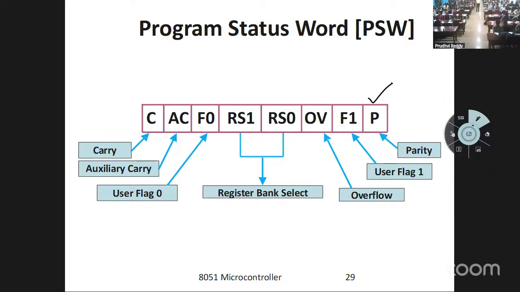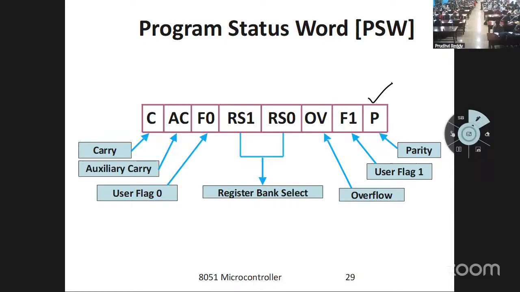So in that result, how many zeros and how many ones are there? Basically, we are counting the number of ones. If the number of ones is even in that result, this bit will be enabled. P equal to 1 means the number of ones is even. P equal to 0 means the number of ones is odd.